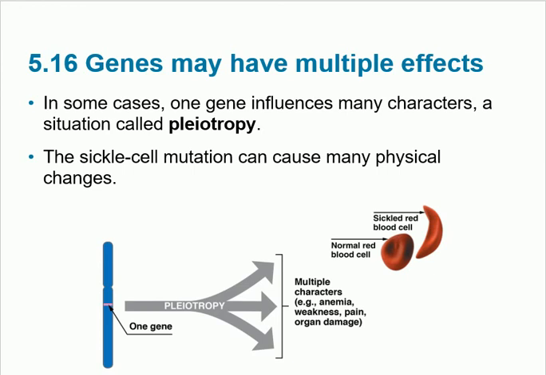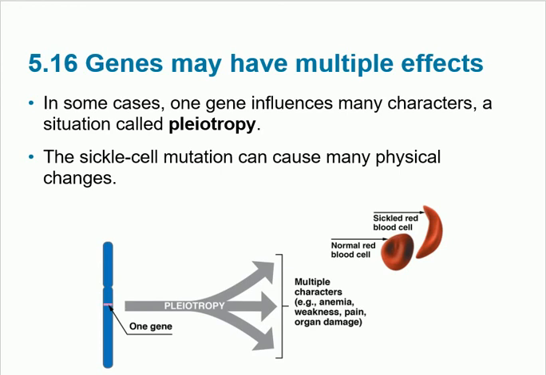One of the organs can be damaged, kidney, something like this. So it's one gene that will cause different things, different issues. We call that pleiotropy. Pleio means multiple or different. Tropy means growth. So it's affecting the growth of multiple things.